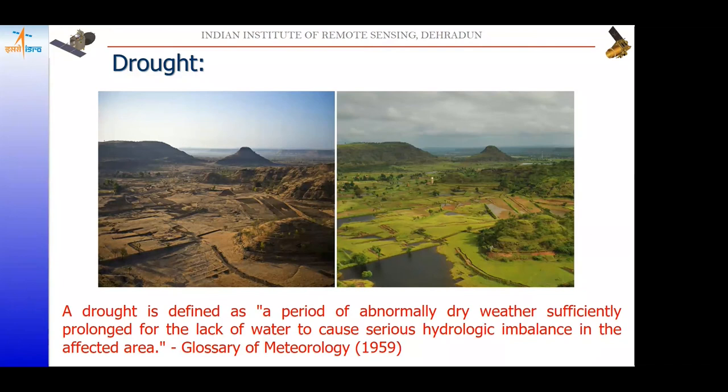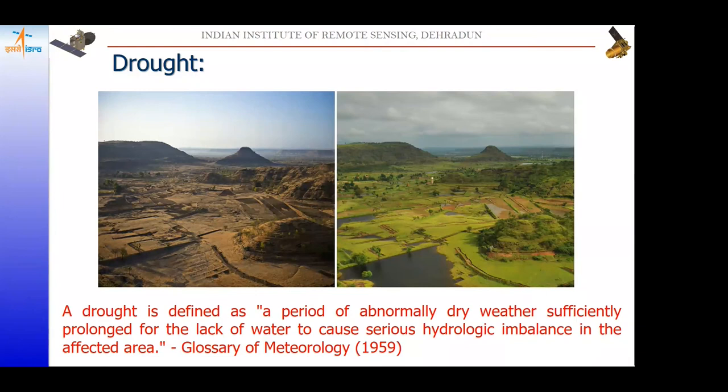The lack of water ultimately affects the hydrological imbalance, and hydrological imbalance includes the surface, subsurface, as well as groundwater resources in the total hydrological cycle or hydrological balance of the affected area.